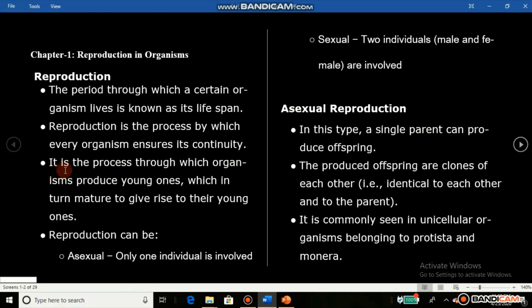See, it is the process through which organisms produce young ones, which in turn mature to give rise to their young ones. It means that it is a process that produces young ones of the same organism, which in turn mature.